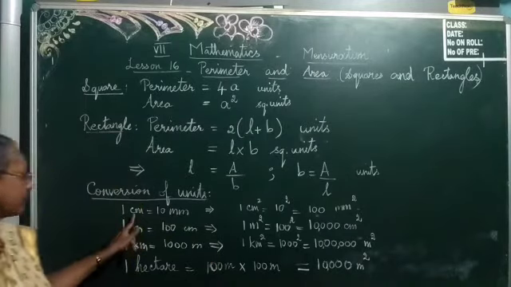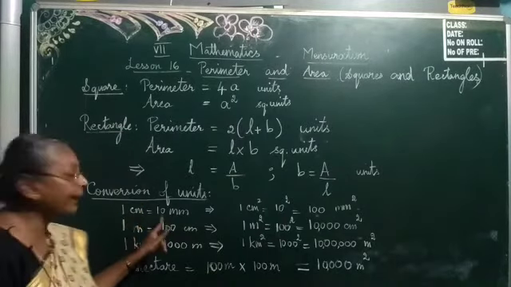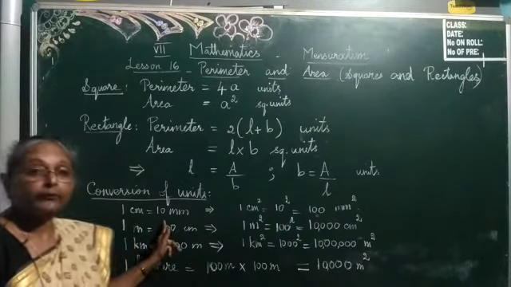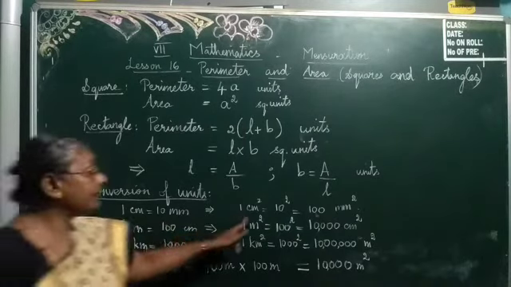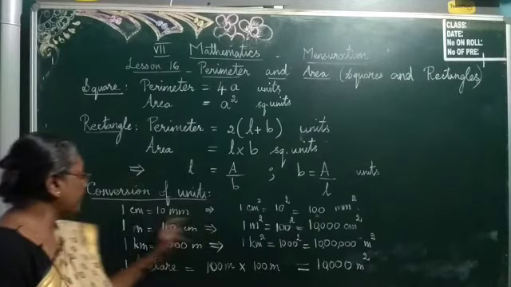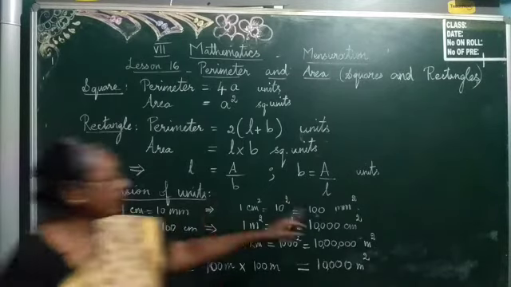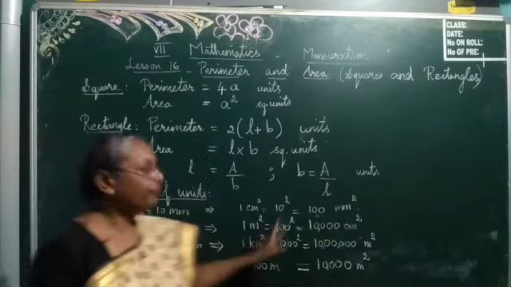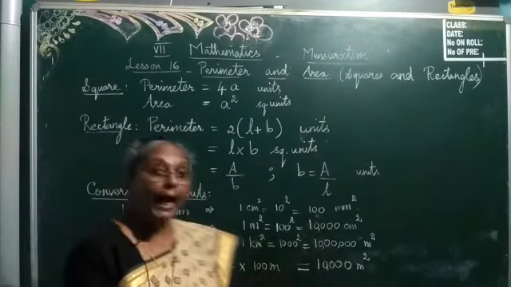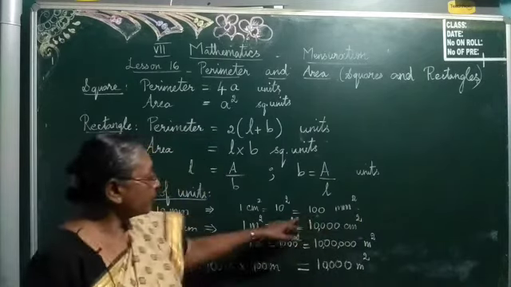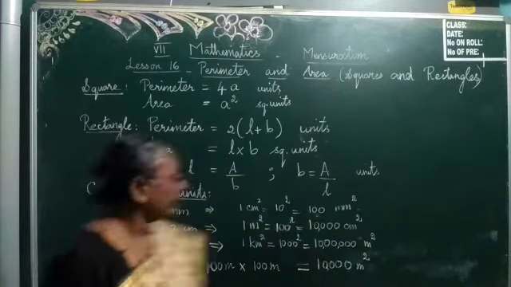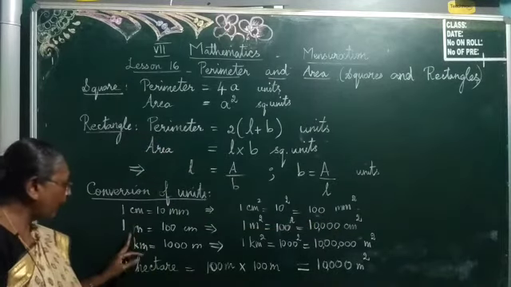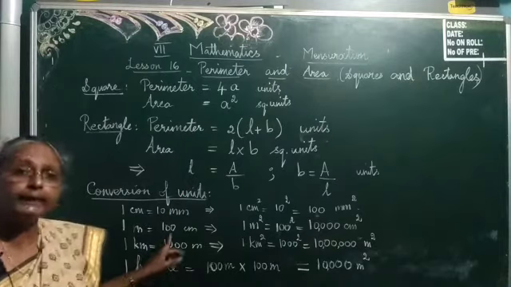Suppose it takes centimeter. 1 centimeter is equal to 10 millimeters. We know this. Then what will be 1 centimeter square? It will become 10 into 10, which will be 100 millimeters square. So if you want to convert from centimeter square to millimeter square, it should be 100 millimeter square. The same way, we know 1 meter is equal to 100 centimeter.